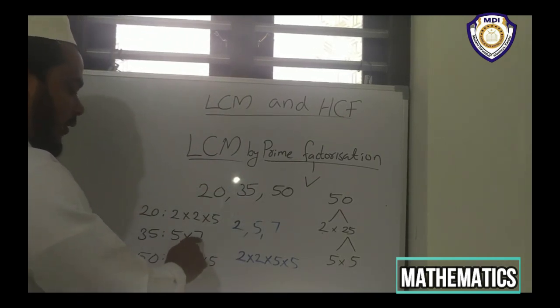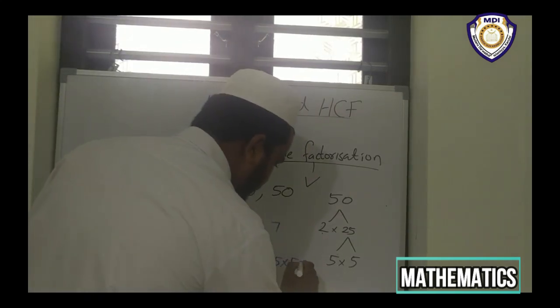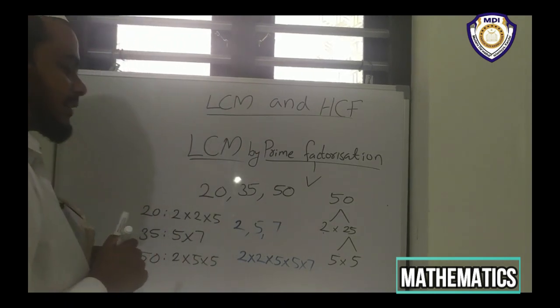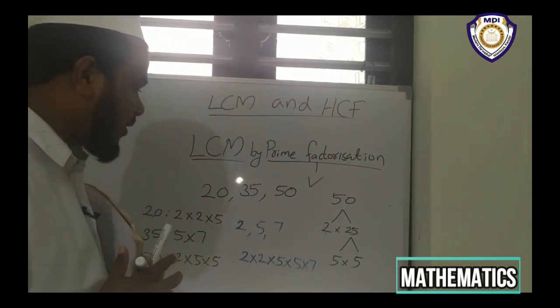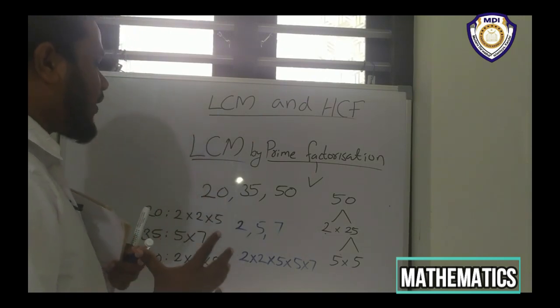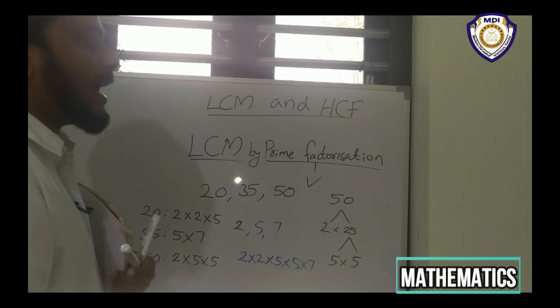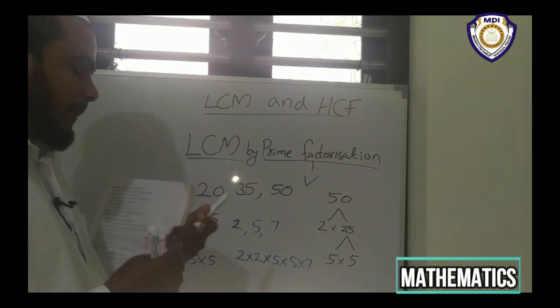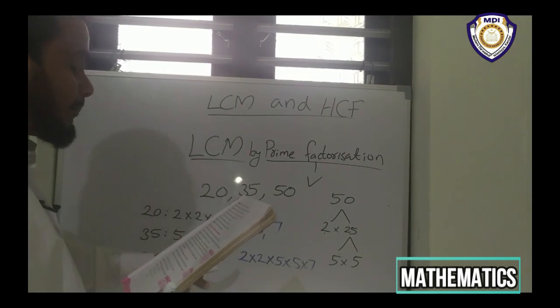Here no 7, here only one 7. Then we can select this 7. This is the rule of the steps of finding LCM by the prime factorization method. After that, we have to multiply them.